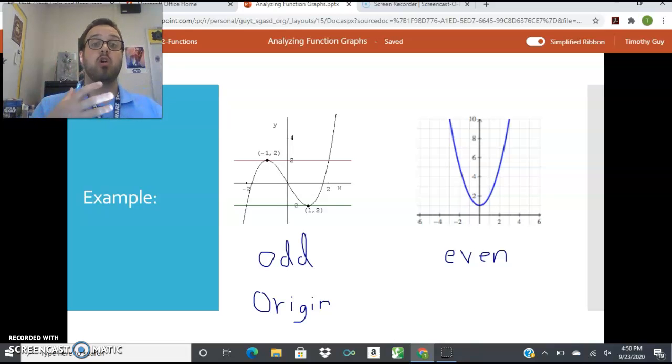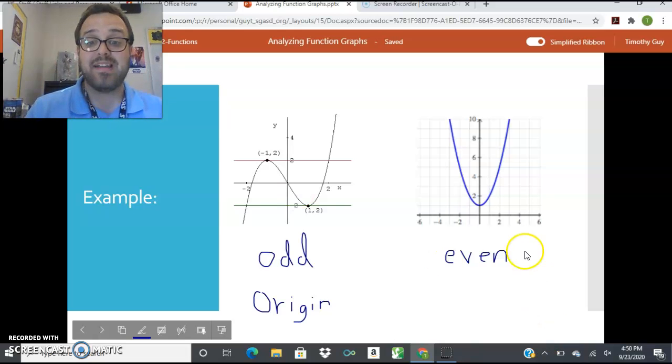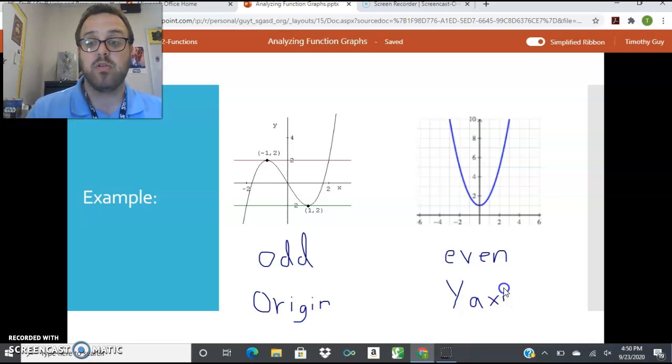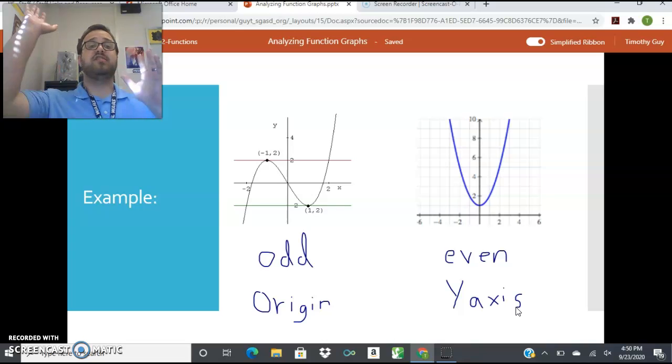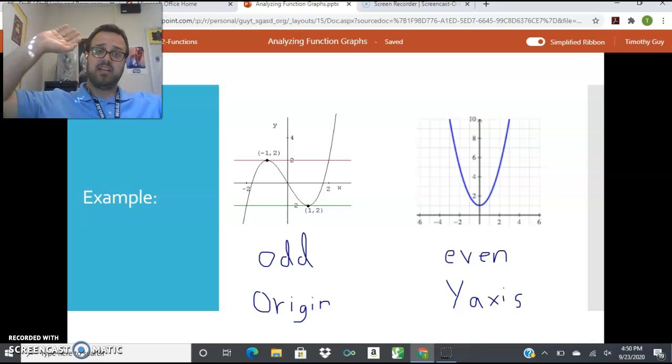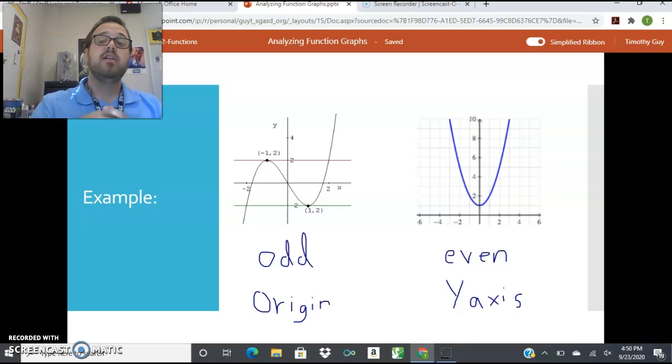An even function has y-axis symmetry, meaning that I can fold it over the y-axis and it'll line up with itself. This is a more traditional kind of symmetry that you're probably used to. It's the same on either side, reflecting each other like a butterfly. That's the sort of symmetry we're looking for.